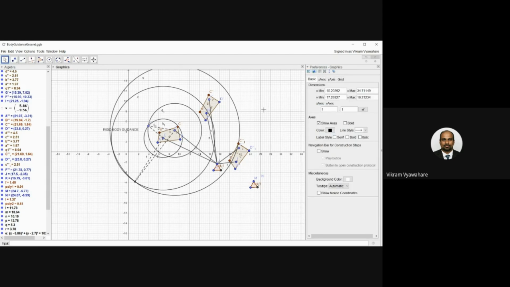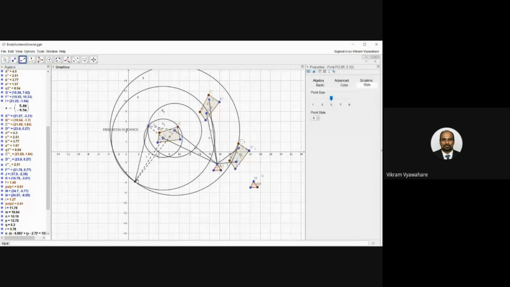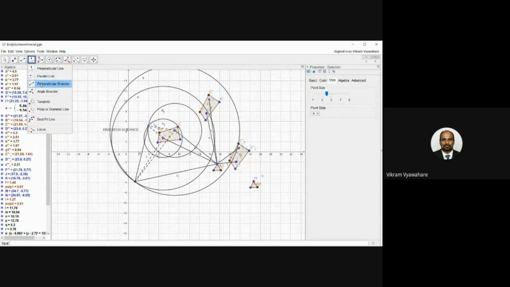Okay, so what we have got is 3 points corresponding to the three pivot locations of the left pivot, corresponding to the three coupler curve orientations. So again, we can draw a circle passing through these 3 points. In order to find the center, we'll have to again connect the segments, and then we can draw the perpendicular bisectors.